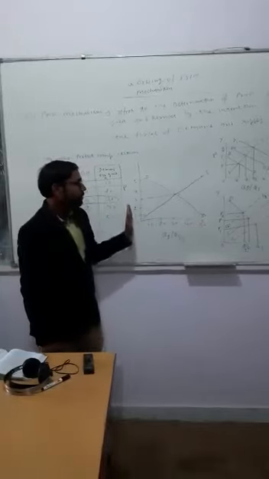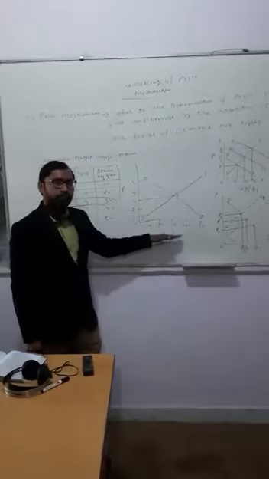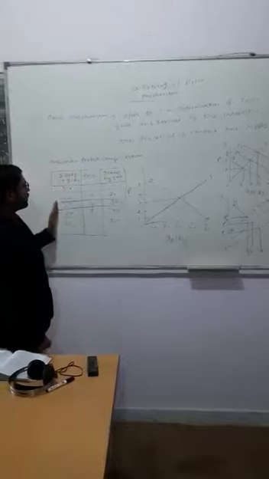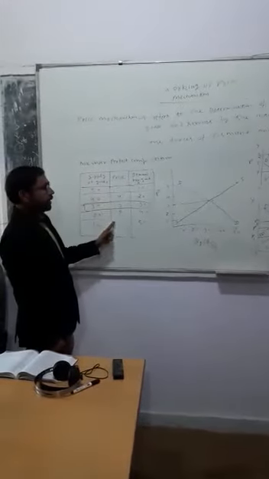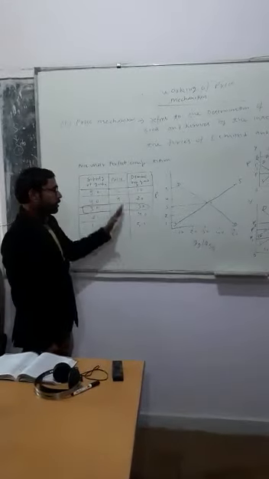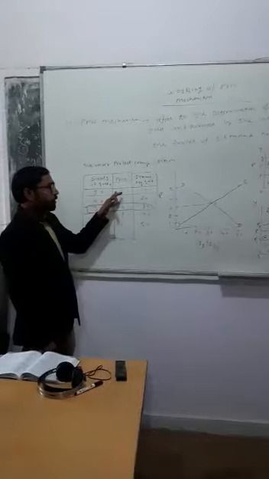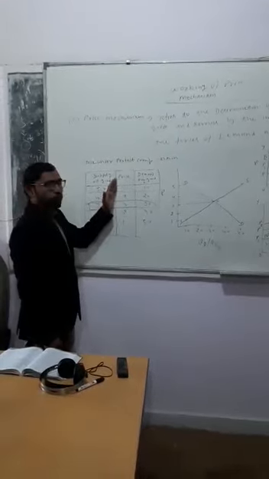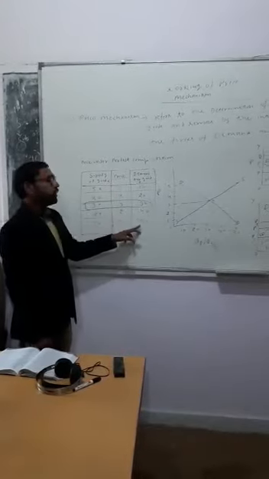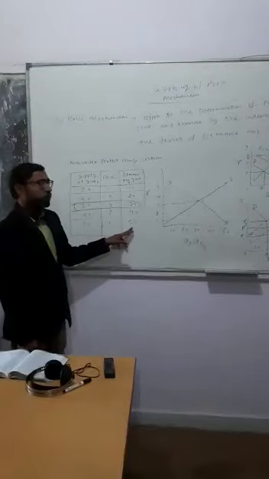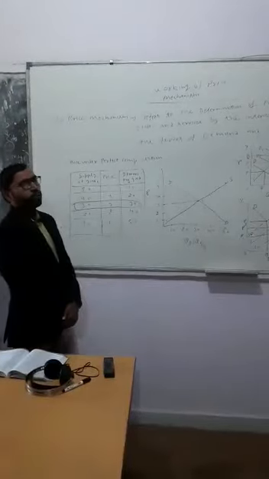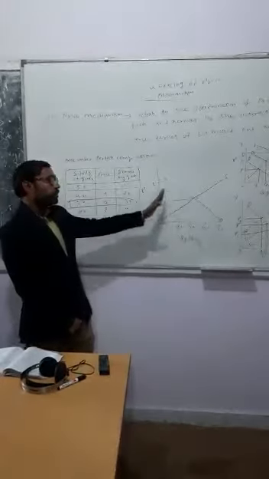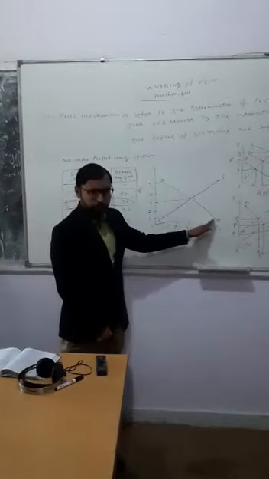Here this is the price and this is the quantity demanded. When price is 5, we demand 10 units, and when price falls from 5 to 1, we demand 50 units. So this is our demand curve.